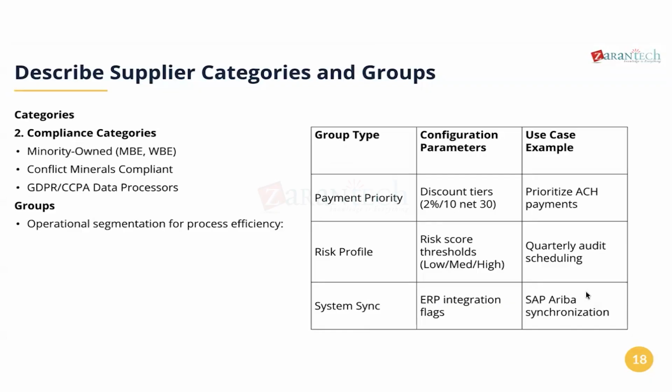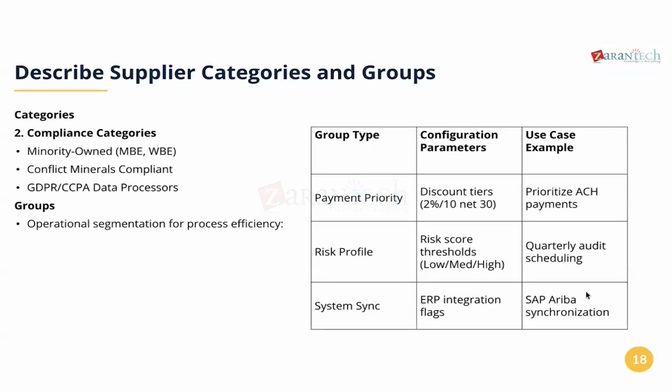There is one very good point here, the compliance category. In addition to creating supplier categories for a certain purpose, you can also have a supplier category for compliance purposes.